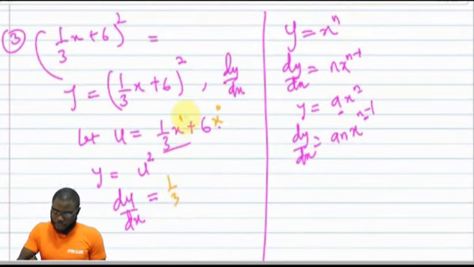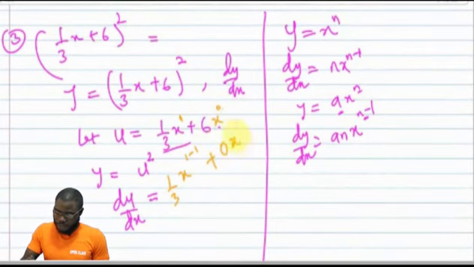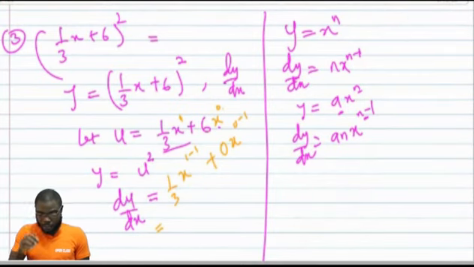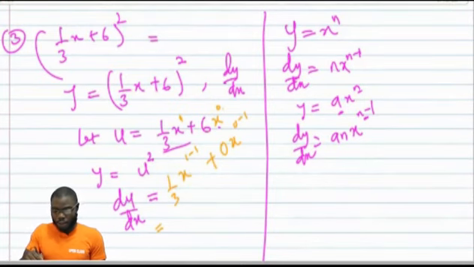Then you subtract 1 from the power, which gives us x raised to power 1 minus 1. Then plus, you multiply this power by this 6, which gives us 0, then x raised to power 0 minus 1. Forgive me if you feel I'm breaking it down too much, but believe me, there are guys that will enjoy it.